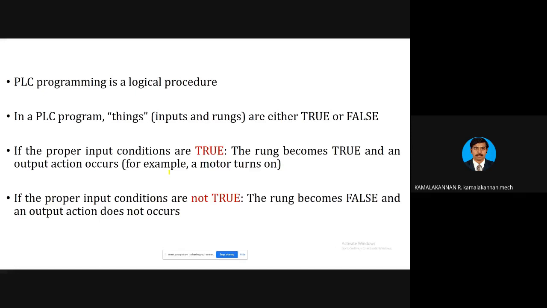So when you write a program, you will give a condition of true or false. If you give it true, the signal will flow and you will get output. If you give the condition as false, the current will not flow and you will not get any output. It will move to the next line. So this is what you have to keep in mind.